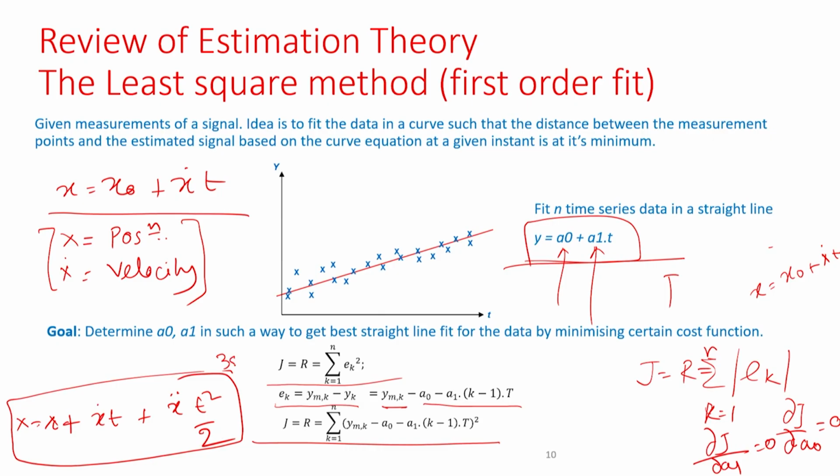Three states: position, velocity, acceleration. The more you increase the order, the more you will see your percentage fit error getting reduced. Next class we will be covering the second order fit and the third order fit.